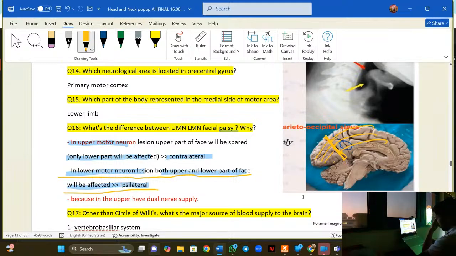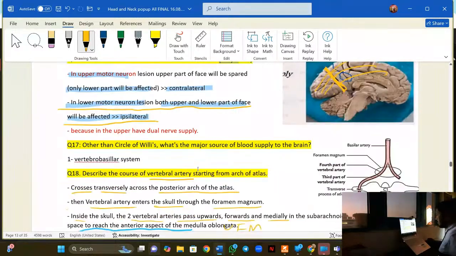And in lower motor neuron lesion, both upper and lower part of the face will be affected on the same side, because in the upper motor neuron they have the dual supply.